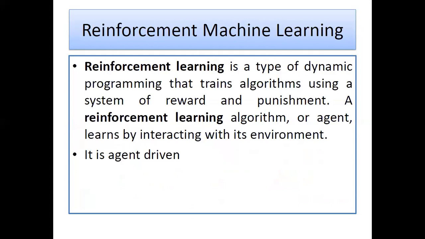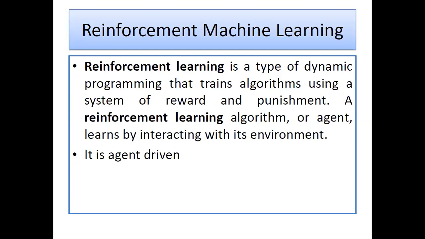Reinforcement machine learning is a type of dynamic programming that trains an algorithm using a system of reward and punishment. The reinforcement learning algorithm or agent learns by interacting with its environment, and it is agent driven.